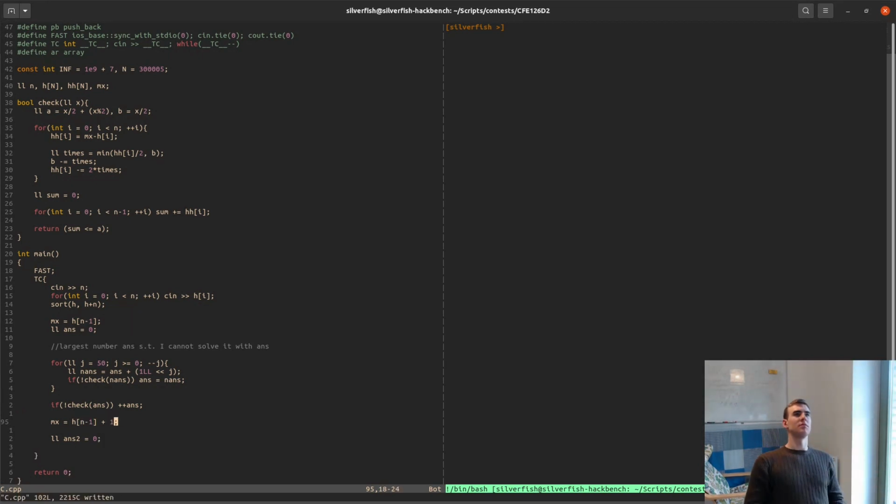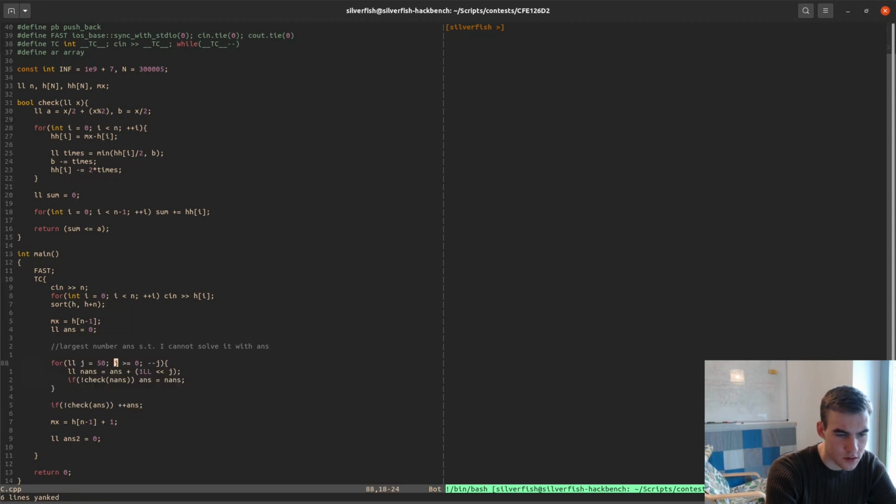I increase its height by 1. I think that's the only difference I need to do, and then I'll just solve the problem again.